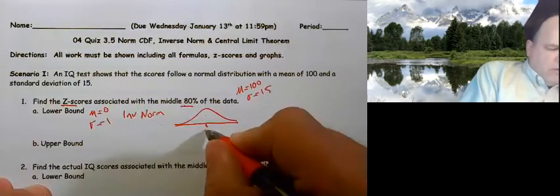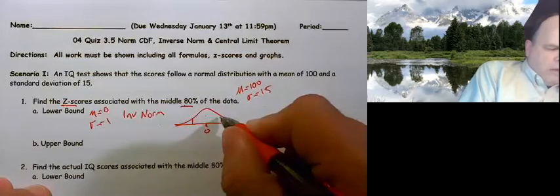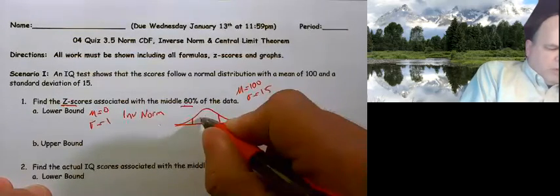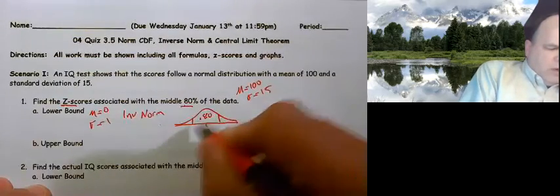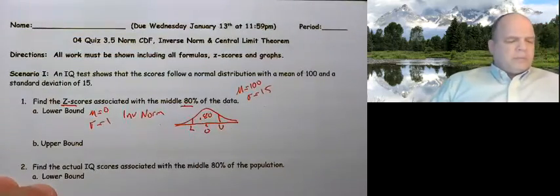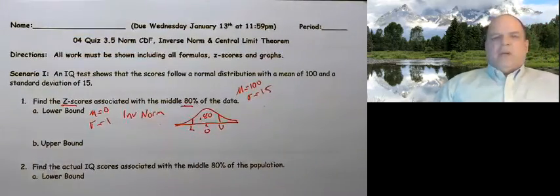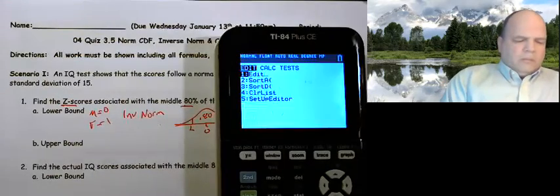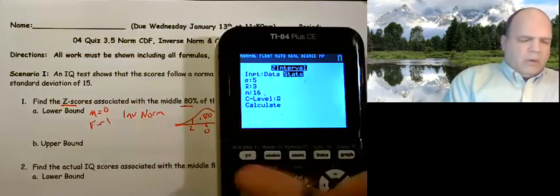Mean is 0, and then we're looking for the middle 80%, so 0.80. So this is going to be my lower bound. This is my upper bound. And since it's the inverse norm, let me get my calculator ready. Second quit.